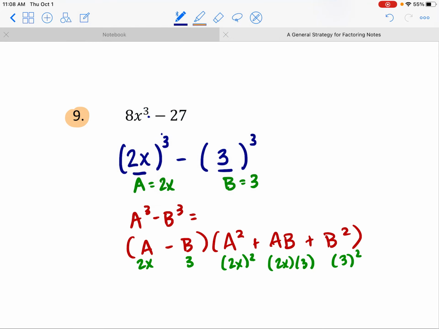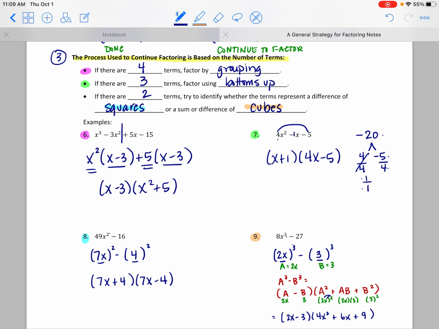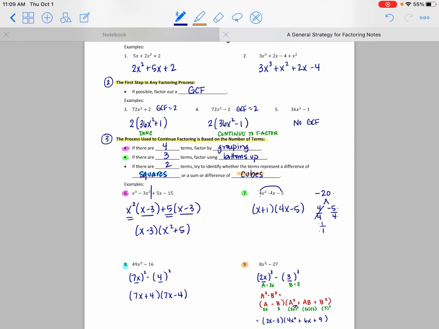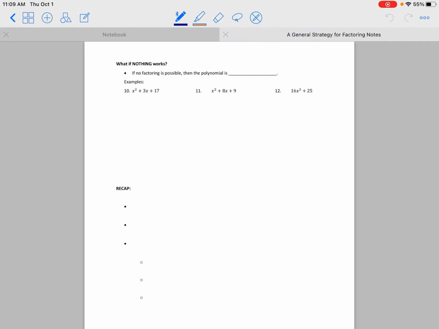So this factors into 2x minus 3, and then 2x squared would be a 4x squared here, right? 2 gets squared, x gets squared, plus 2x times 3 is 6x, plus b squared is going to be 9. So whether you're good with the patterns or you need to see it in the formula, you've got either option. Okay? So that's the gist of it, unless nothing at all works.